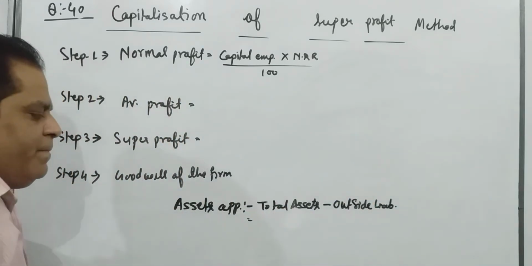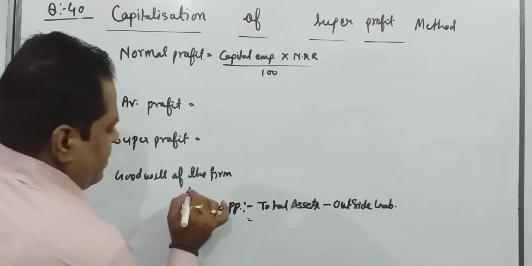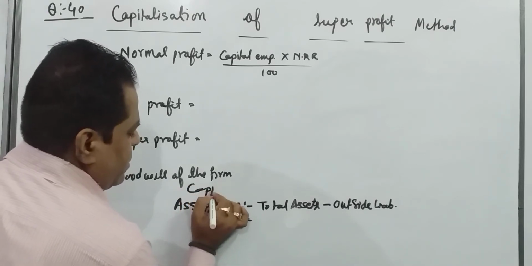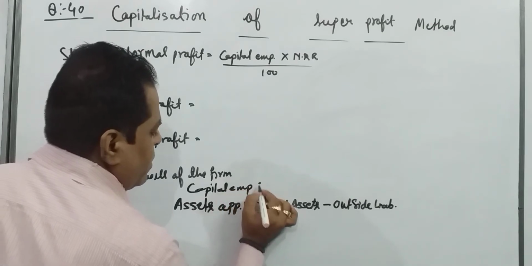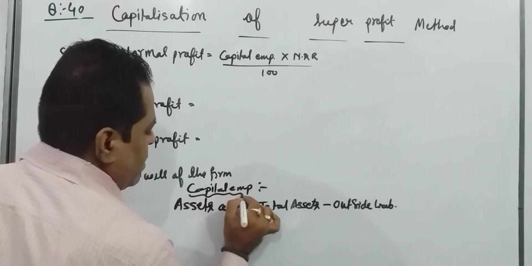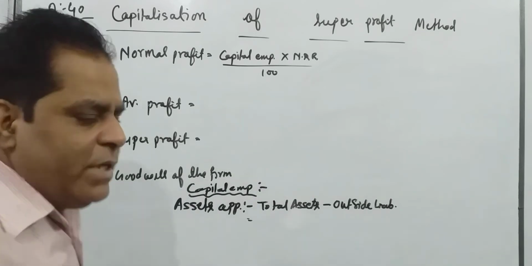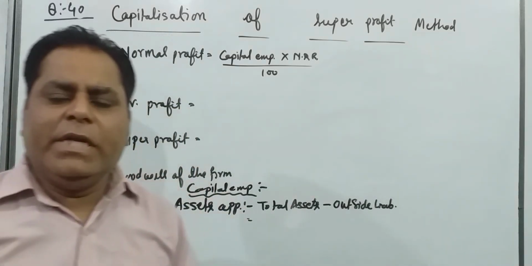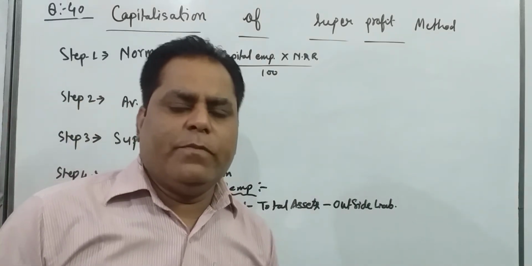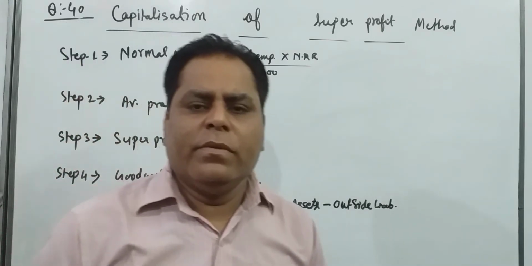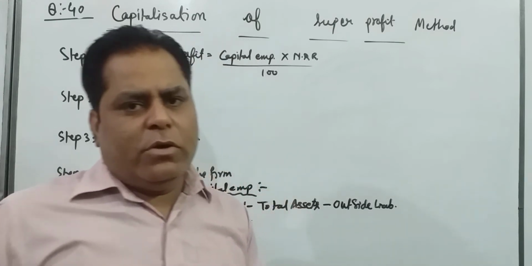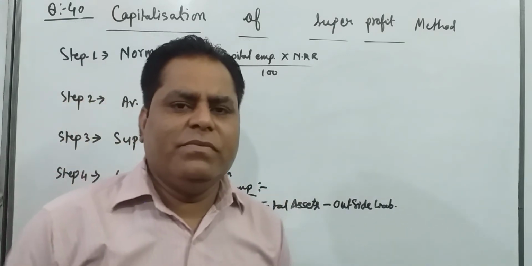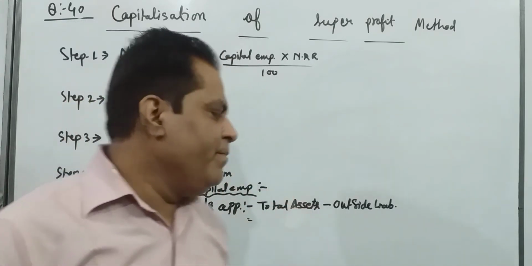So in this question, to determine capital employed, I am applying the asset approach. It depends upon the question which approach we have to apply. According to this question, we have total assets and total liabilities, so we should apply the asset approach.